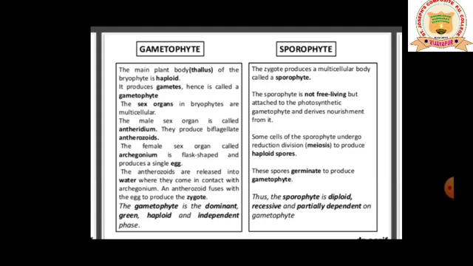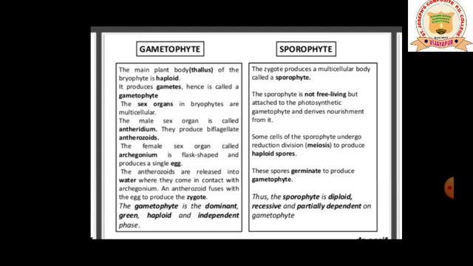The gametophyte is dominant here. The structure called gametophyte is the dominant, green, haploid and independent phase. Thus, the sporophyte is diploid, recessive and partially dependent on the gametophyte.